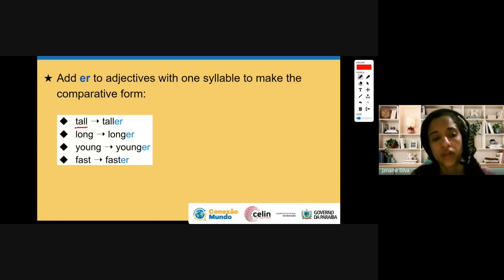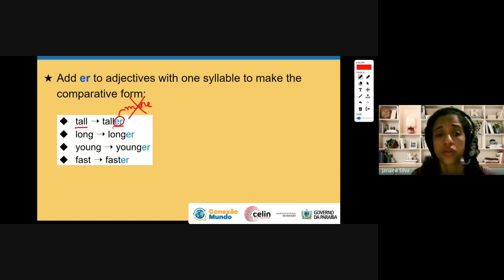So if you have a short adjective, you need to add ER, right? So tall becomes taller. And what does ER mean? It means more, okay? However, you can't use more with this type of adjective.